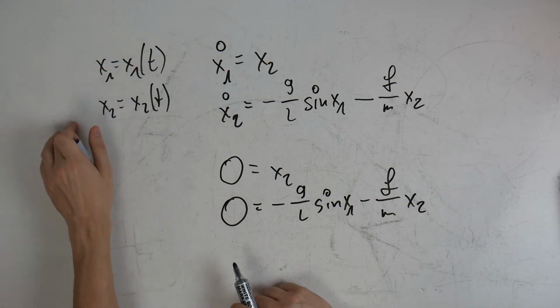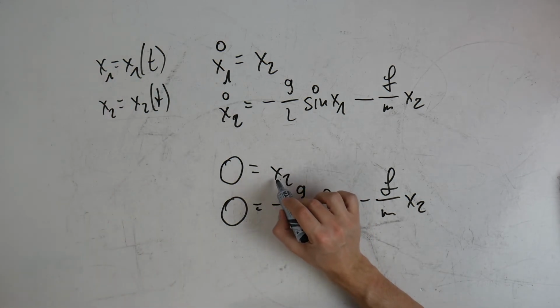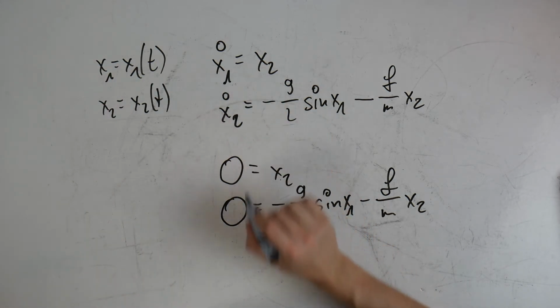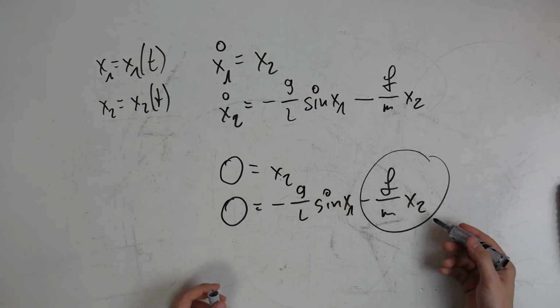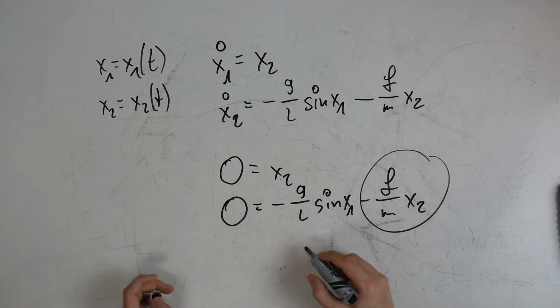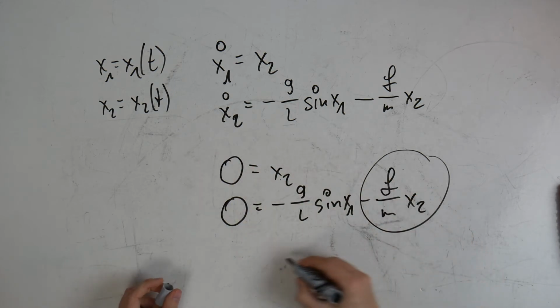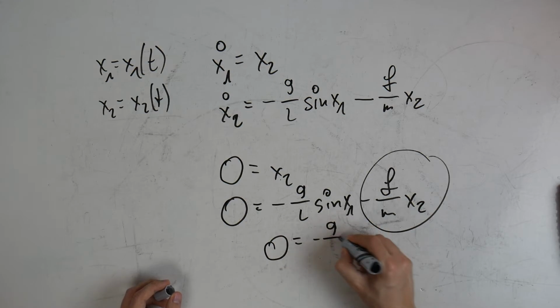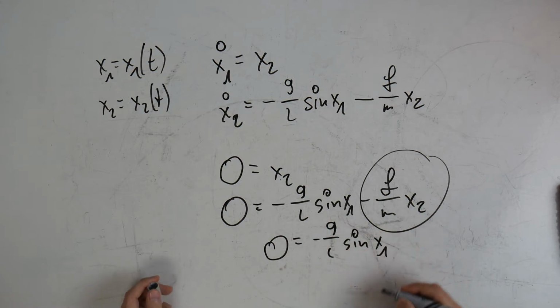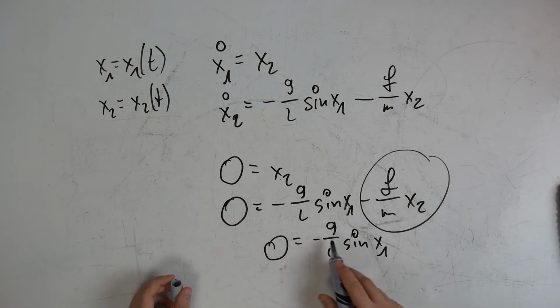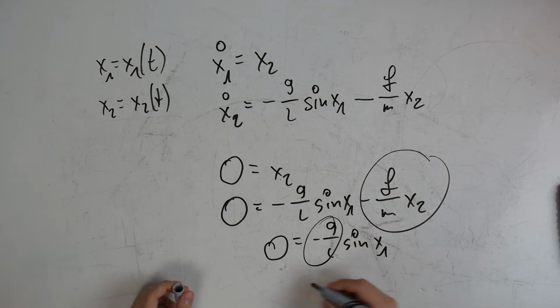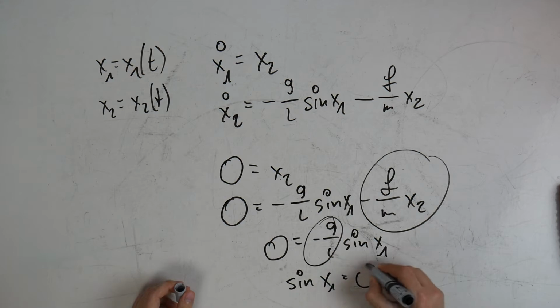If those two are 0, this means that x2 is 0 from the first equation. So this part will be 0. I am left with 0 equals minus g/L sin x1. That means I can divide by the constant, and I will be left with sin x1 equals 0.